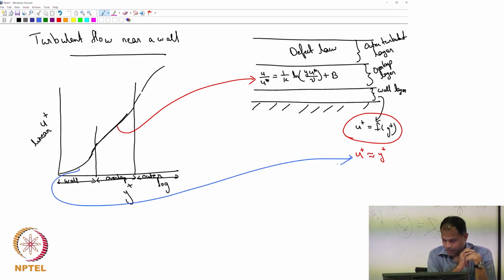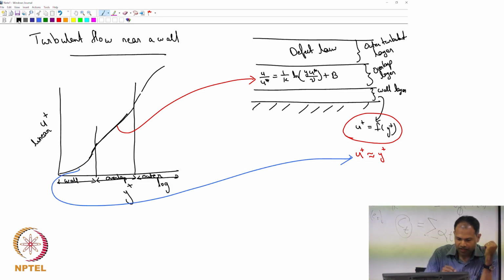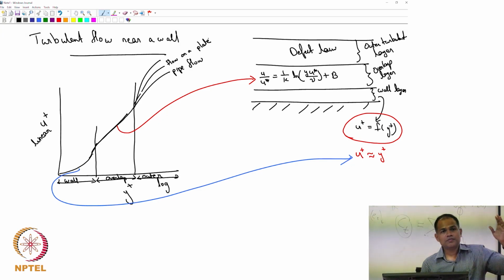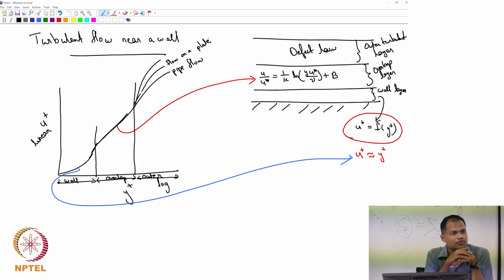Now the point is that the outer layer depends on the main flow you have. It could be a pipe flow, a flow on a plate, and so on. Whatever the main flow is seems to affect only the outer layer. The overlap layer and the wall layer are independent of the flow configuration you are working on.